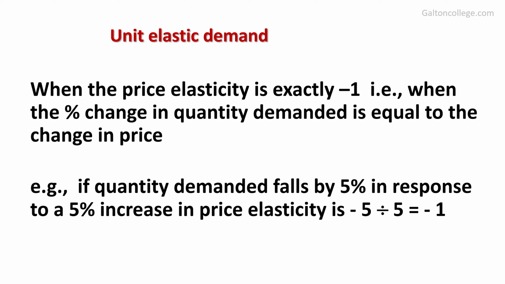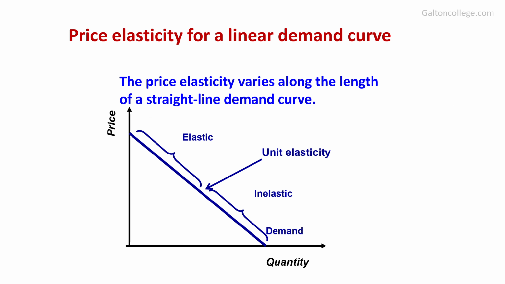It's a cutoff between elastic and inelastic demand. If we have a look at it in the diagram, it's in the middle of the diagram here, and we take the middle point, that's unit elastic. This is the inelastic demand, and that's the elastic demand.